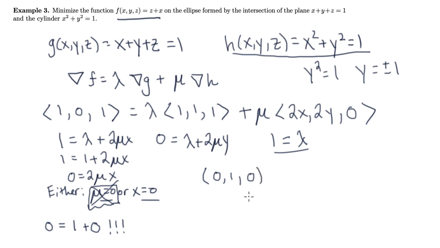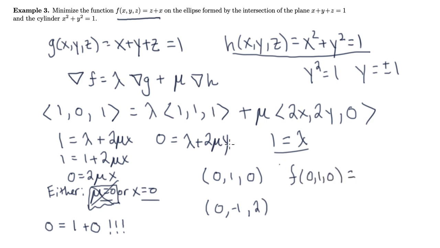So here's 1 point. That's the solution. And then if y is negative 1, I have negative 1 plus z equals 1. But in that case, z is equal to 2. So my minimum is going to occur at one of these 2 points. So what is f of 0, 1, 0?